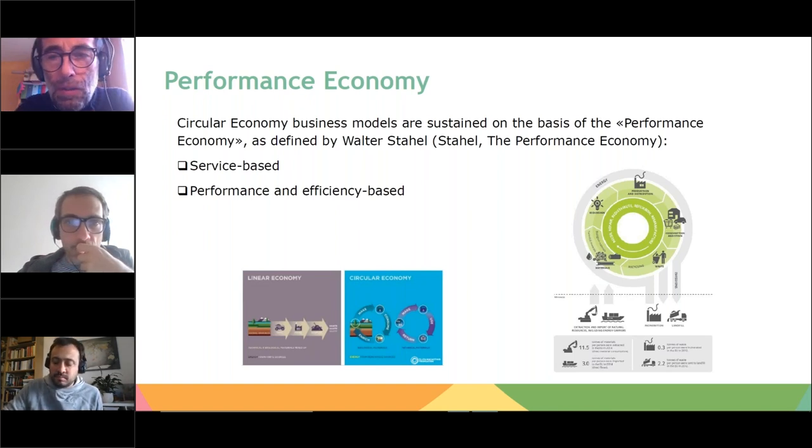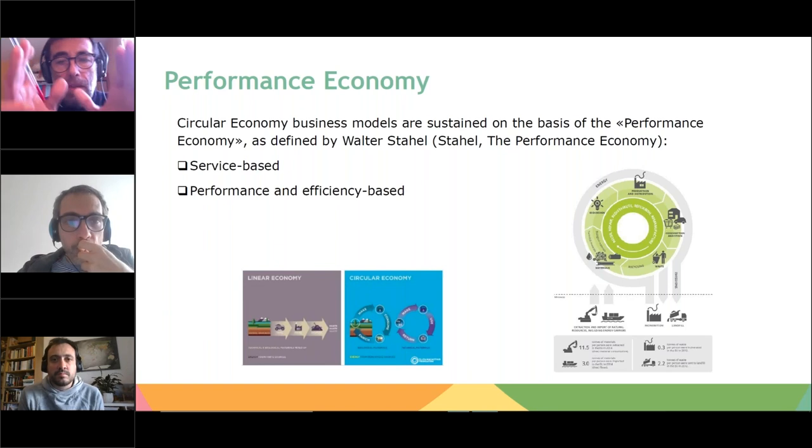So the switch from providing a product to providing a service benefits basically the environment because it manages to meet both the needs of, on one hand, the service providers, on the other hand, the environment.